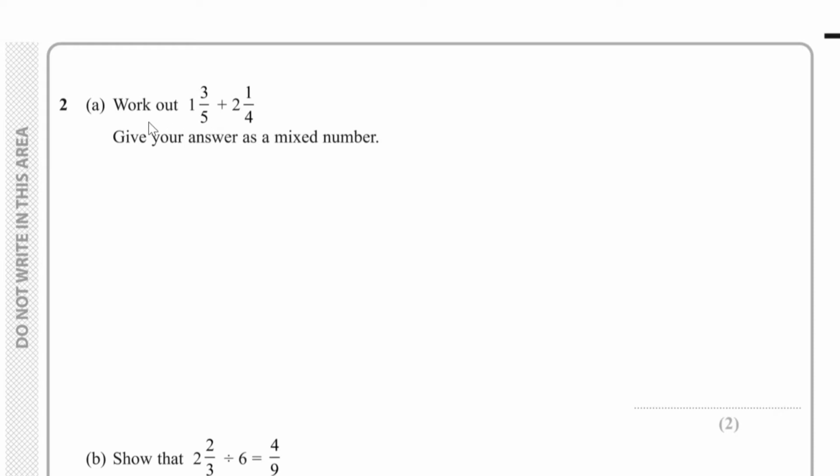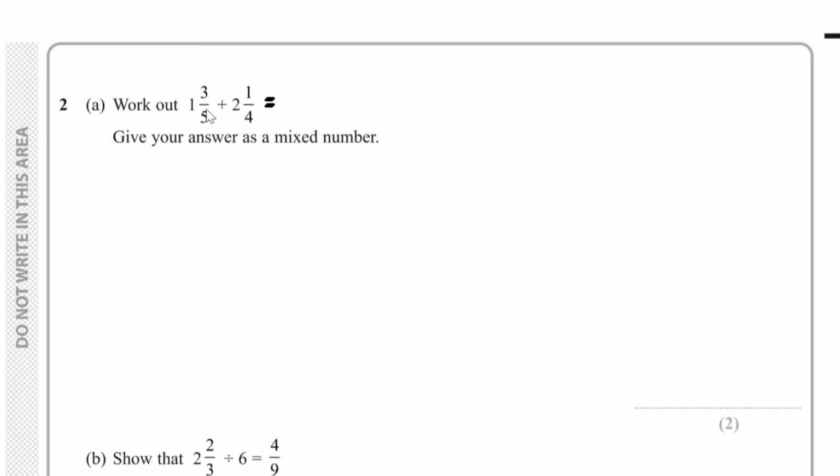Question number 2. For part A we have to work out 1 3/5 plus 2 1/4, and we have to give our answer as a mixed number. We need to approach this question by converting these mixed numbers into top-heavy fractions.